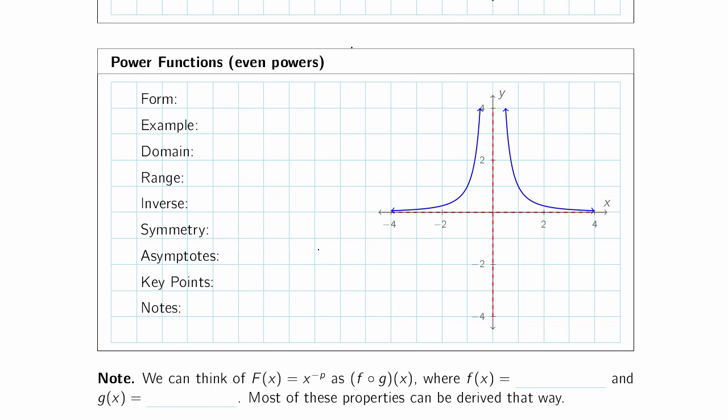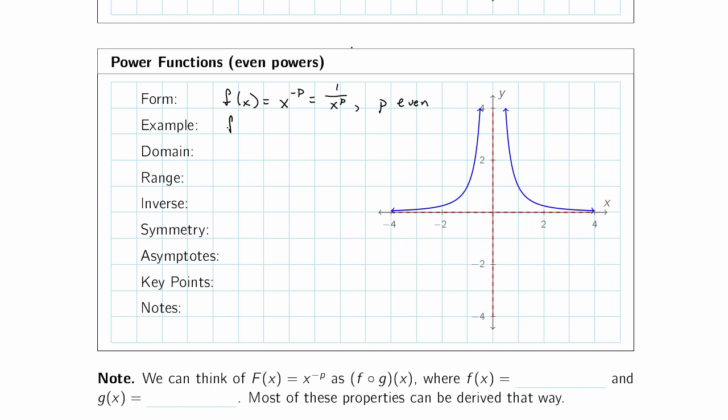Even powers are similar, except that when we have an even power, we get that even function property again. So the even powers that are negative are in the form f of x equals x to the negative p, or 1 over x to the p, where p is even.